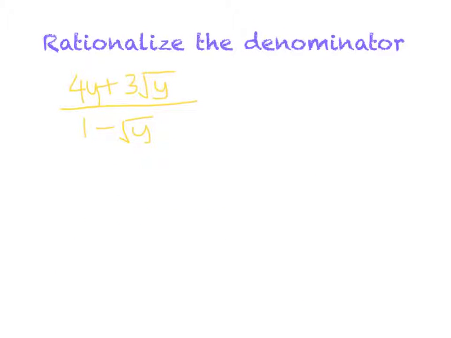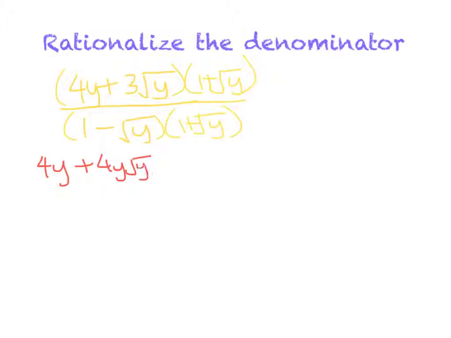For this last example, we're going to be multiplying both by 1 plus the square root of y. So in our numerator, we're going to have to use FOIL. That means that we'll have first, outer, inner, and our last terms multiplied together.